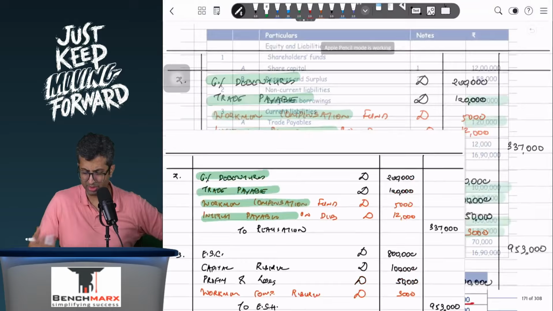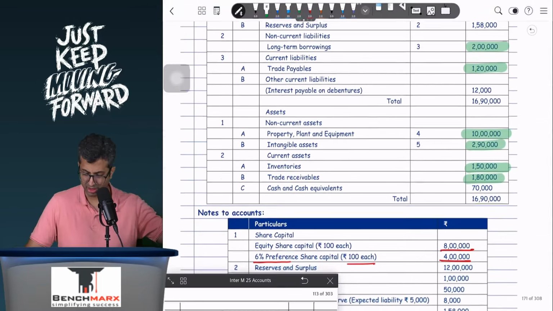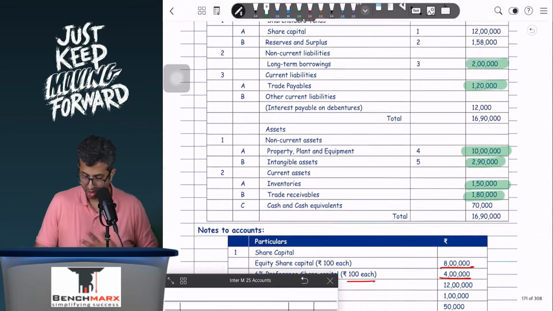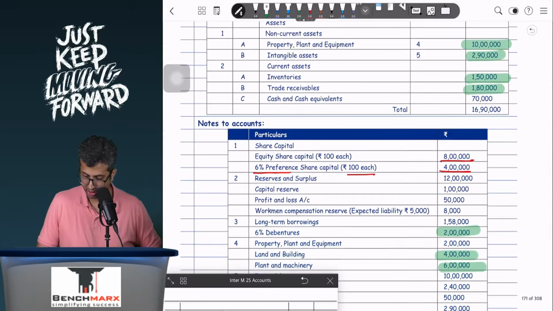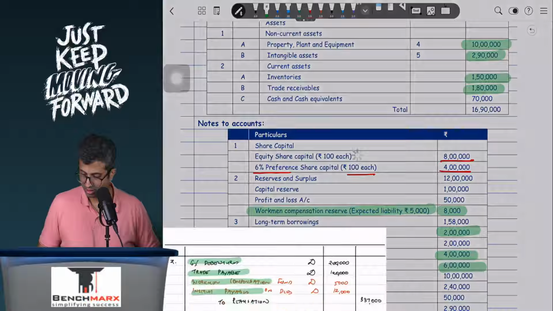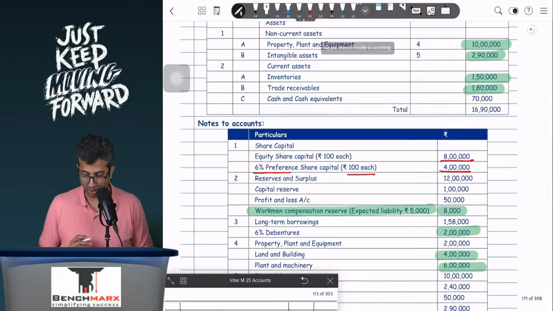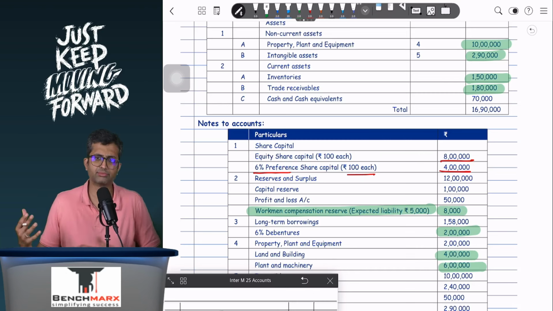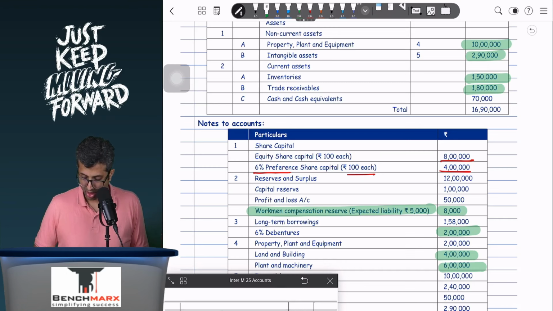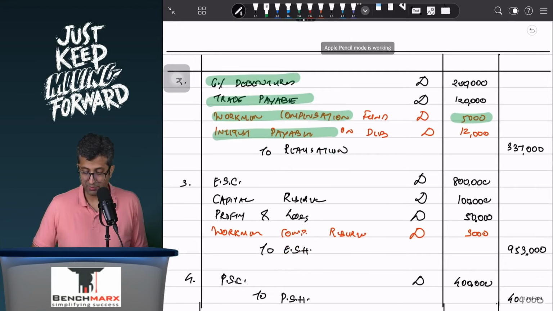Workmen's compensation fund, like retirement gratuity fund, is also like a payment, and hence it will be transferred. For example, to the extent of 5,000, which is my liability, the remaining is excess, which is like a reserve. So you will transfer all liabilities.